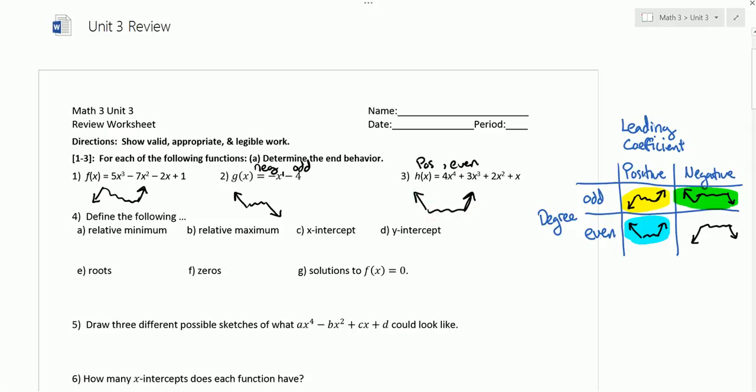All right, number 4 says to define the following. A is a relative minimum.